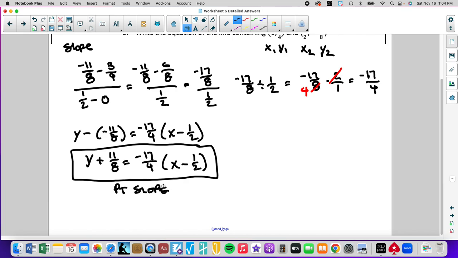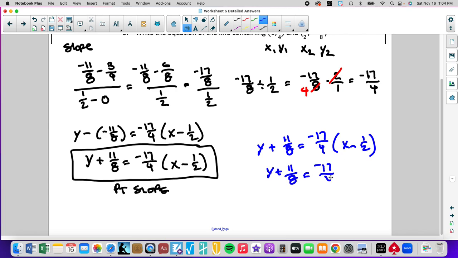And now we're going to turn this into slope intercept form. So let's take that. y plus 11/8 equals -17/4 times x minus 1/2. y plus 11/8 equals -17/4 x plus 17/8. Let's minus 11/8 from both sides.